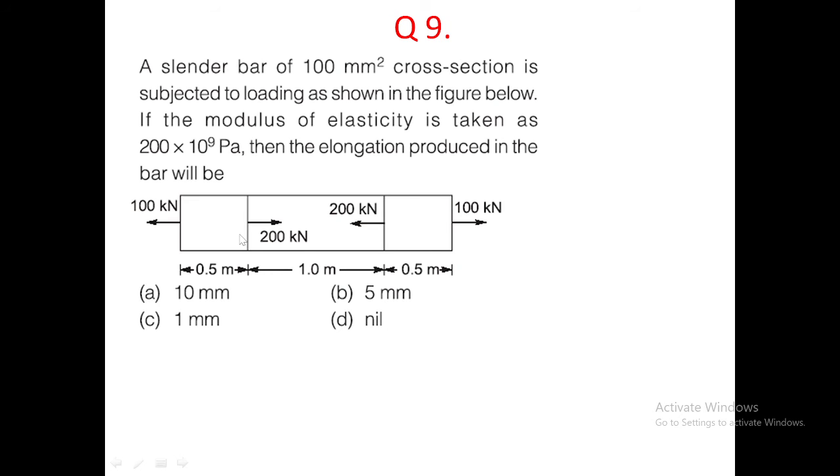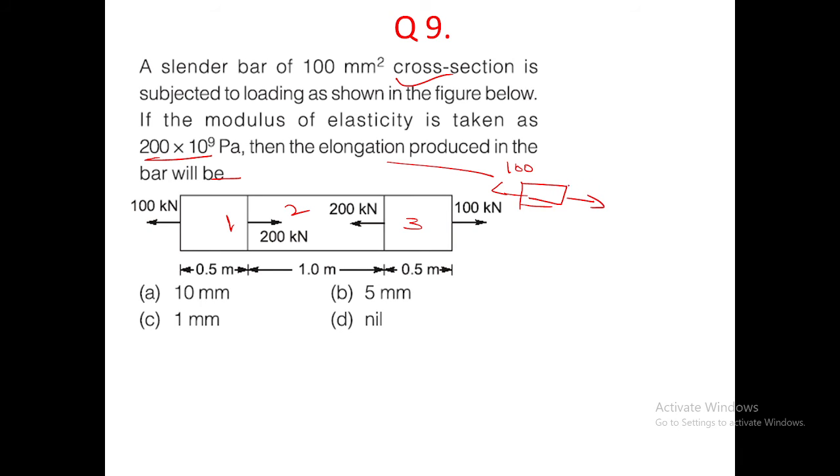Next, ninth one. A slender bar of 100 mm cross section is subjected to loading as shown in the figure. If the modulus of elasticity is taken as 200 into 10 power 9, what is the elongation produced in the bar? First draw the free body diagram. Sections 1, 2 and 3. The first is 100 tensile.